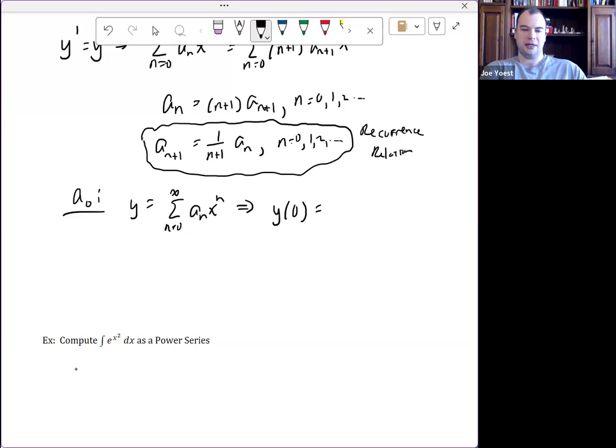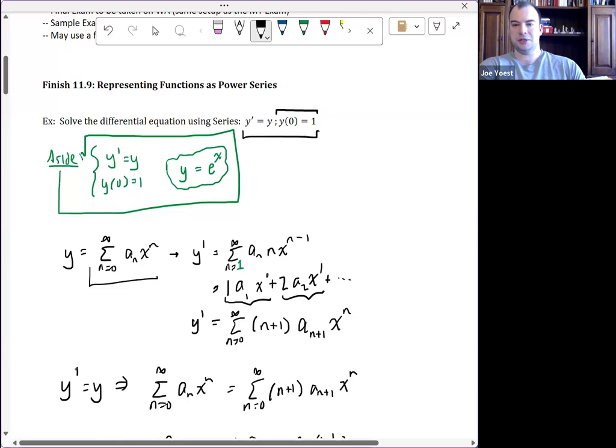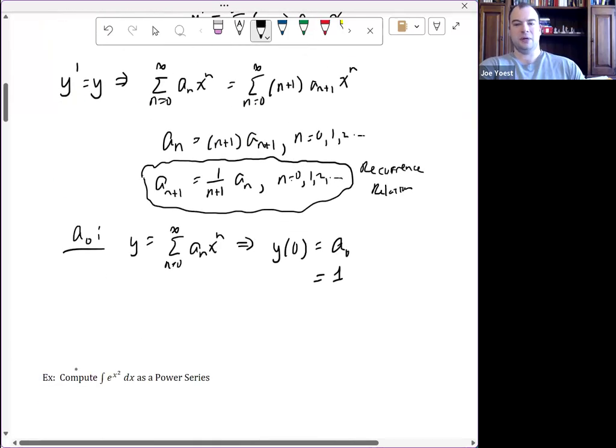Everything except the a naught has a power of x in it. When I plug in x equals 0, I'm left with just my constant term a naught. When I plug in the center of the series, all of the other x terms go away. I just get my constant term left over. So on one hand, from the series, y of 0 is a naught. And on the other hand, from the initial condition, y of 0 has to be 1. So I get that a naught is equal to 1.